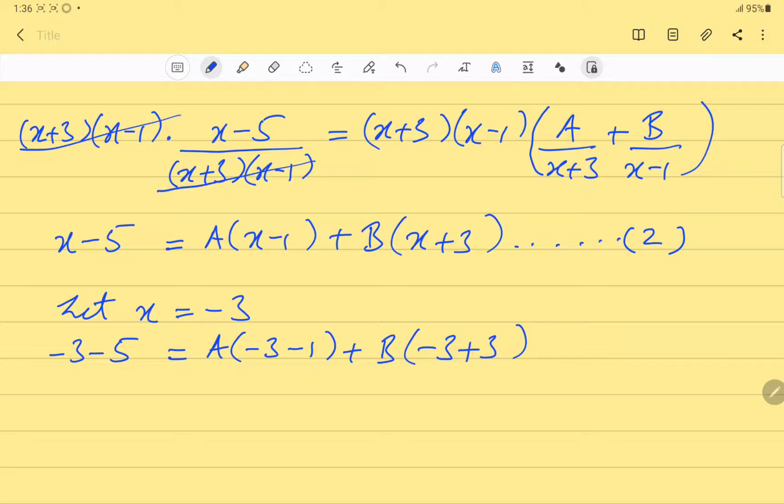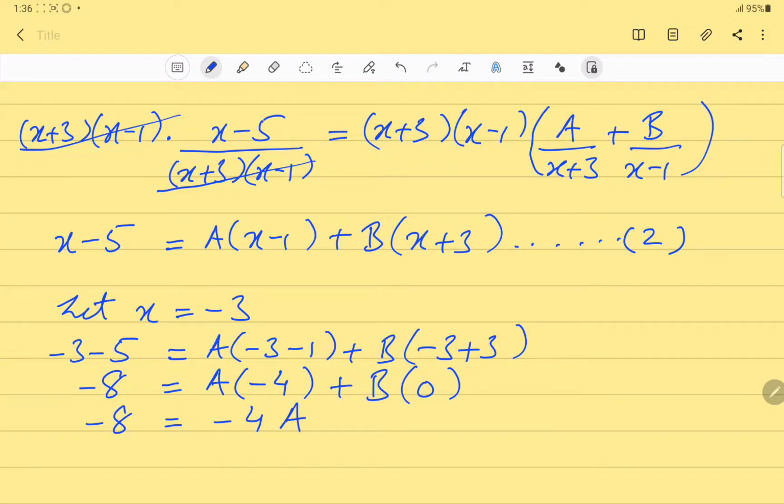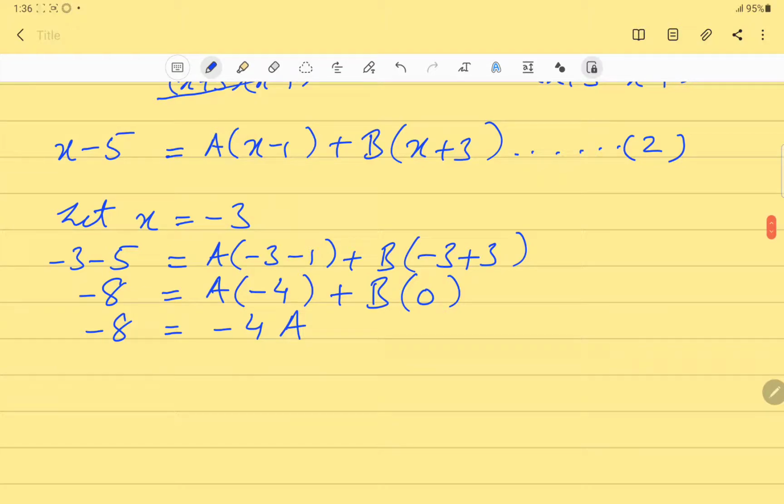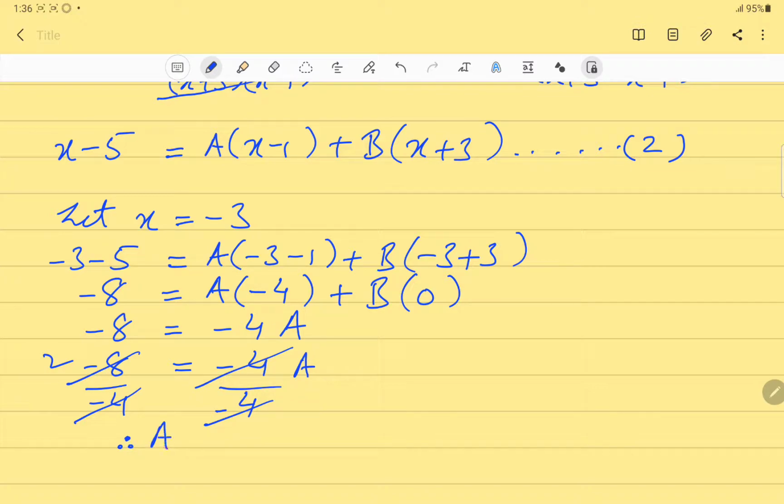Minus 3 minus 5 will be equal to minus 8. A into minus 4 plus b into 0. So we will be left with minus 8 is equal to minus 4a. We will divide both sides by minus 4. So a will be equal to 2.